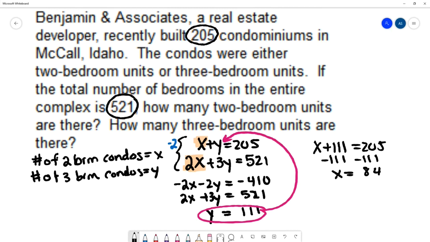Let's just double check. 84 plus 111. Okay, so my math is a little off there. That should be 94.